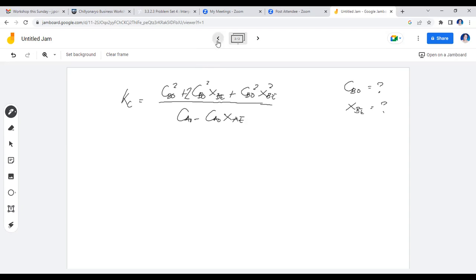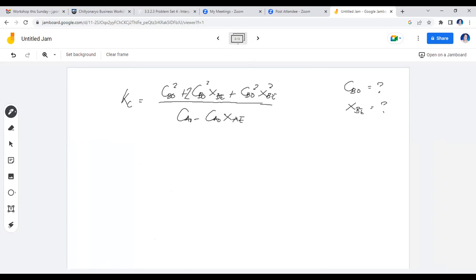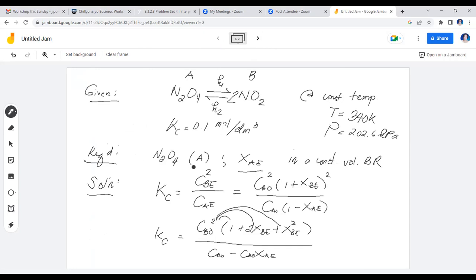Your K sub C is given to be 0.1, so I'll write that here as 0.1. And initially, of course, you don't have CBO, but you can determine it. If you have taken the screenshot of the problem, it says there that the feed consists of pure dinitrogen tetraoxide at 340 Kelvin and 202.6 kPa.